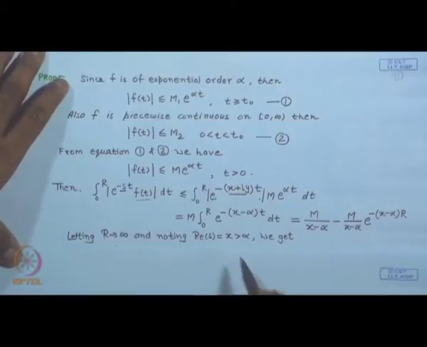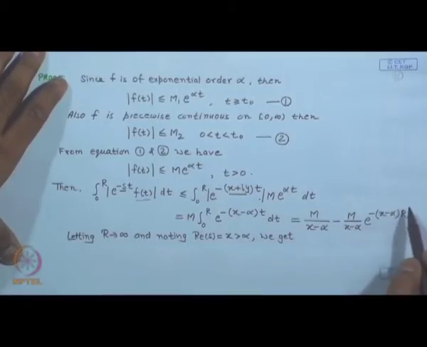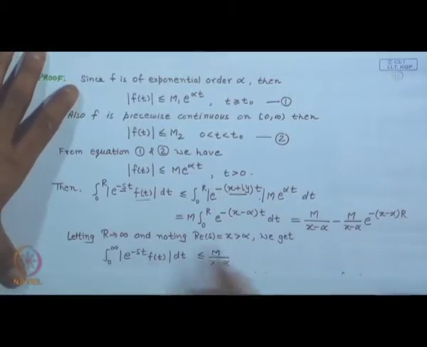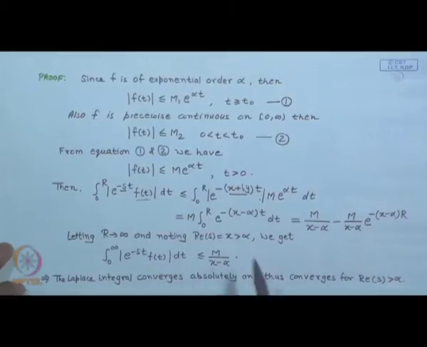Now we let R go to infinity, and note that the real part of s, that is x, is greater than alpha, so the second term will be 0 and the value is bounded by M over (x - alpha). So, we have seen that this integral, with the absolute value of the integrand, is bounded by M over (x - alpha). So, the Laplace integral converges absolutely for real s greater than alpha.